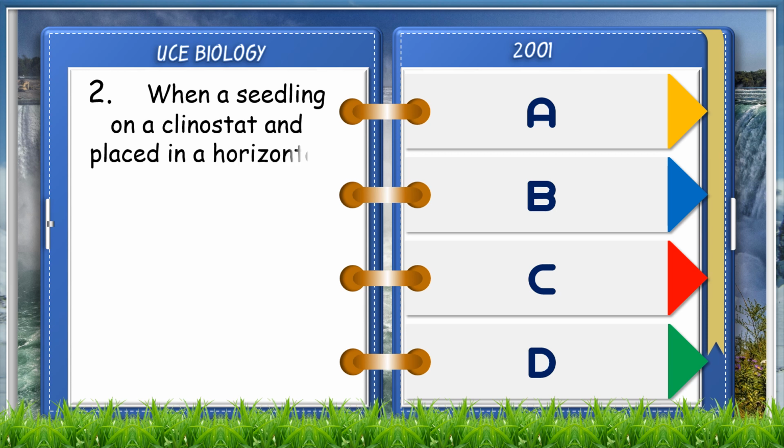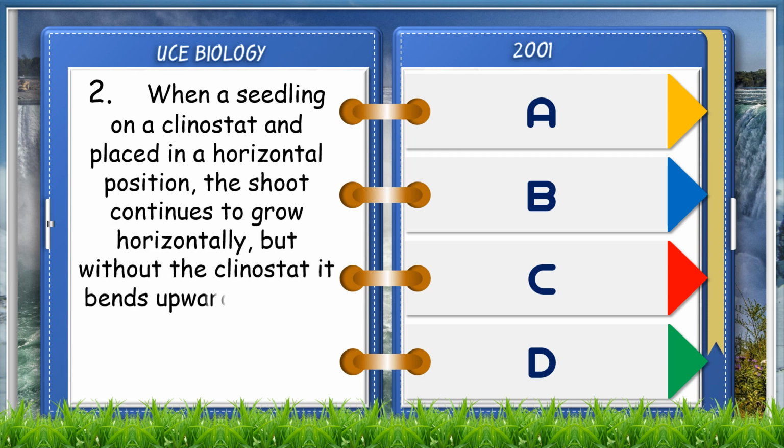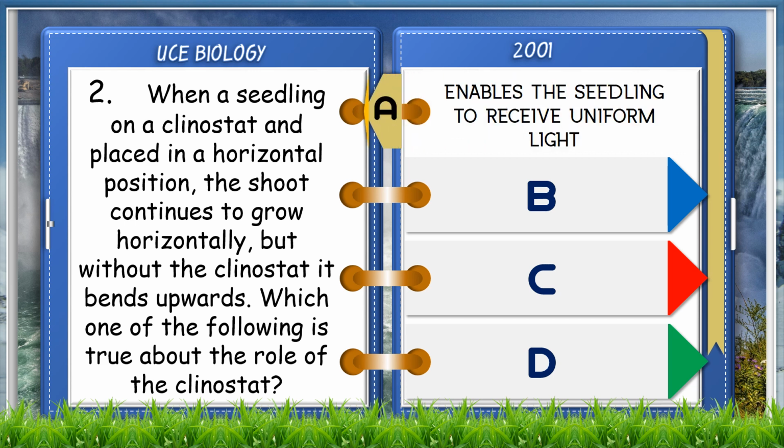When a seedling on a clinostat is placed in a horizontal position, the shoot continues to grow horizontally. But without the clinostat, it bends upwards. Which one of the following is true about the role of the clinostat? A. Enables the seedling to receive uniform light.